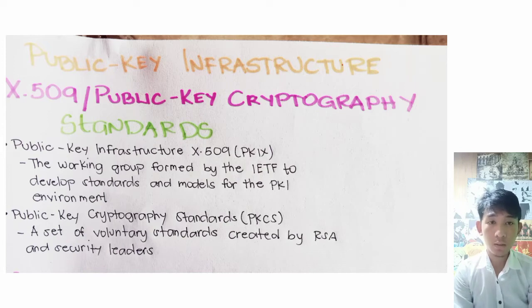X.509 or PKIX is the work group formed by the IETF to develop standards and models for the PKI environment. Public Key Cryptography Standards (PKCS) are a set of voluntary standards created by RSA and security leaders.